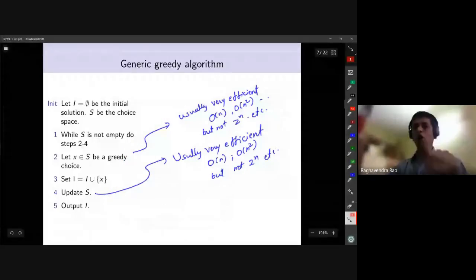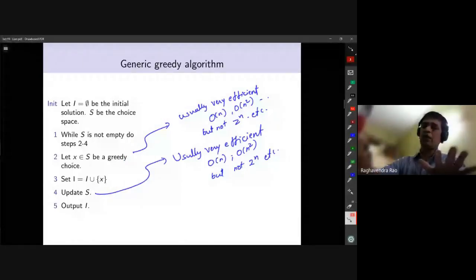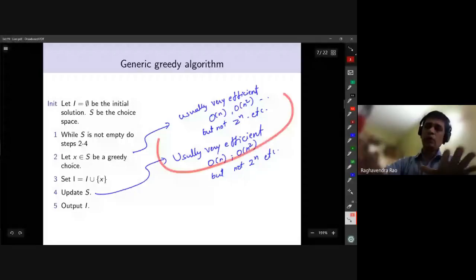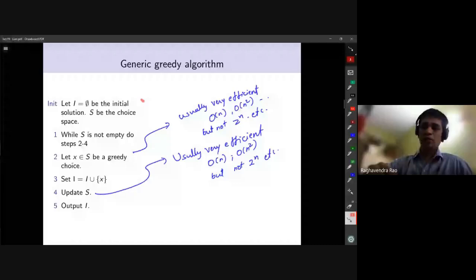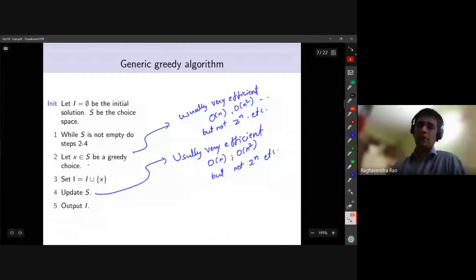In fact, all of the greedy algorithms that we analyze will satisfy these efficiencies. We are going to look at this structure and say what kinds of problems will admit this, so that when you output I, it's going to be an optimal solution always, no matter what your choices are.